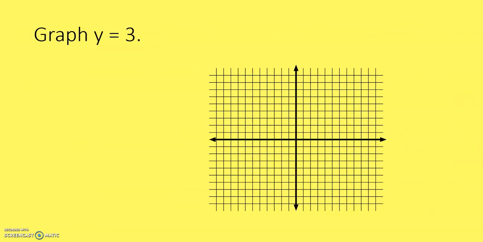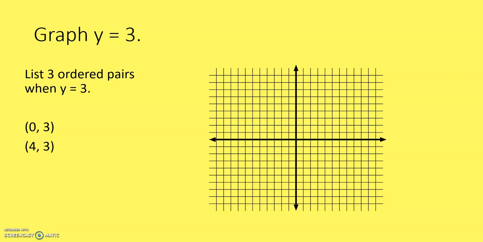We're going to graph the line y equals 3. List 3 ordered pairs when y equals 3. Doesn't matter what the x value is, but y must equal 3. 0, 3. Pick a positive x value, 4, 3. And a negative x value, negative 5, 3.